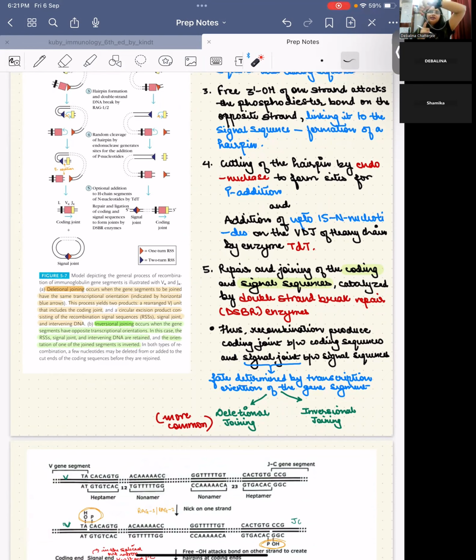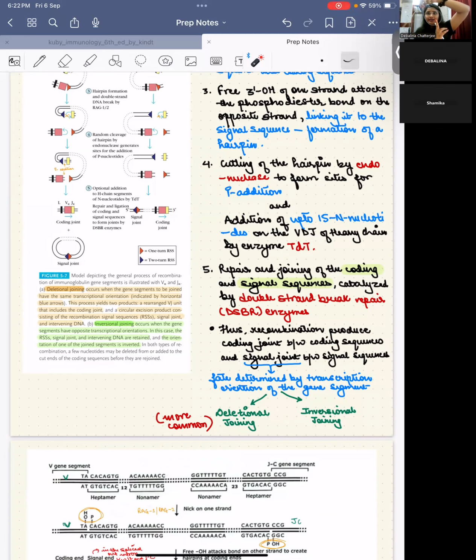So it can cut this hairpin at any position at random, wherever it finds a consensus sequence. Endonuclease itself is another enzyme and it needs a certain recognition sequence on the DNA to bind and act on it, right? So this endonuclease cleavage here is ultimately going to make a double strand break, right?